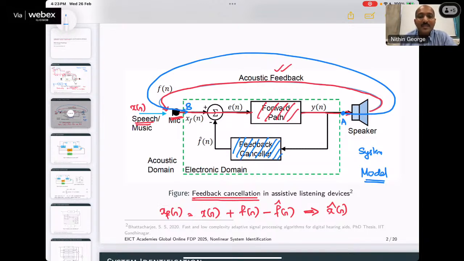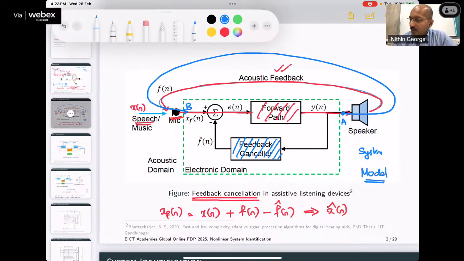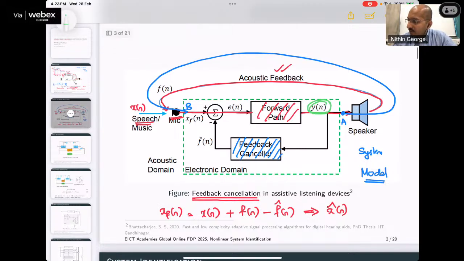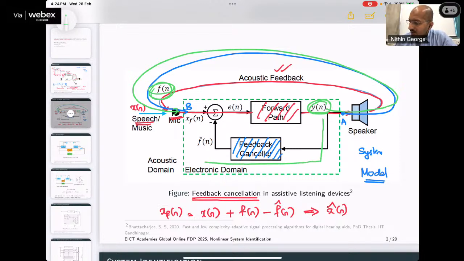Then what happens? Y of n is passing through A and through the physical system and reaching B to form f of n. You see, this y of n signal is passing through A and it goes like this to produce this f of n signal. If that same y of n is passed through this lower path, I will be able to create an approximation of f of n, if the model of the feedback path, the physical path, is a good one.